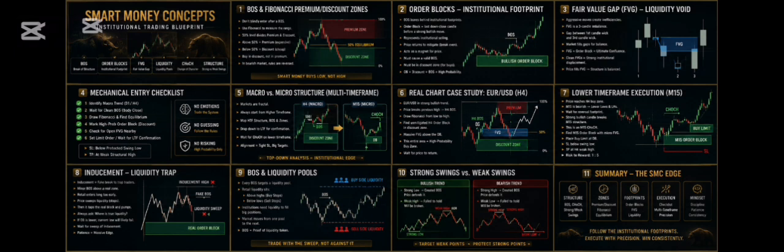Let us look deeper into tracking liquidity alongside structure: the relationship between break of structure and liquidity. Market structure and market liquidity are two sides of the exact same coin. Every single time a break of structure occurs, a massive pool of liquidity is engineered below every protected swing low.